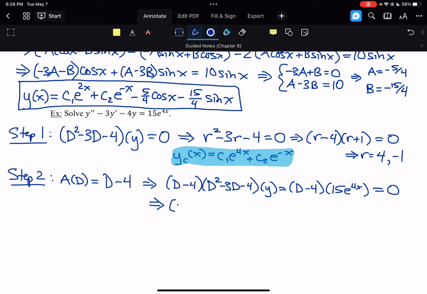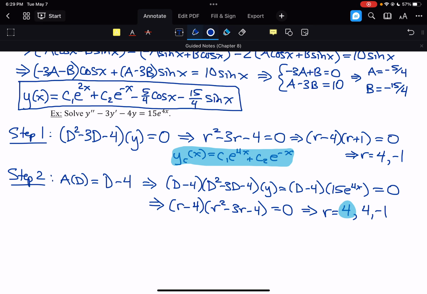So we'll solve the corresponding auxiliary. And again, we do get the same roots here, but now we have a new root popping up. So that's 2, and then 4 and negative 1 still. Oh, excuse me, where did that 2 come from? That should also be 4. Okay, so we're getting another 4.